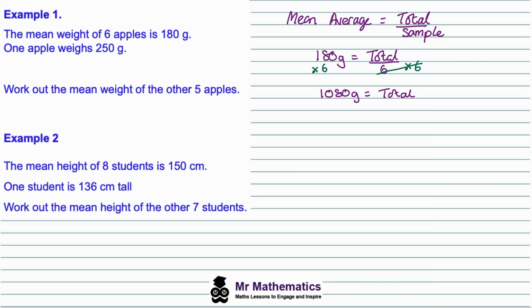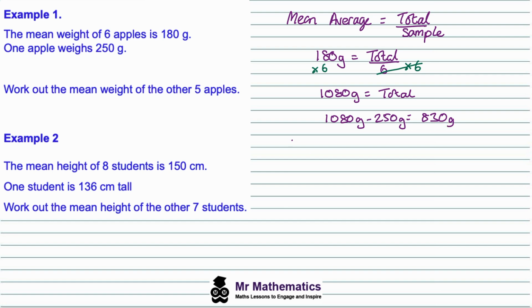So if we subtract this 250 grams from the total of the 6, we'll get the total weight of the 5. So we'll have 1,080 grams, take away the 250 grams, and this will give us 830 grams. So this is the weight of the 5 remaining apples.